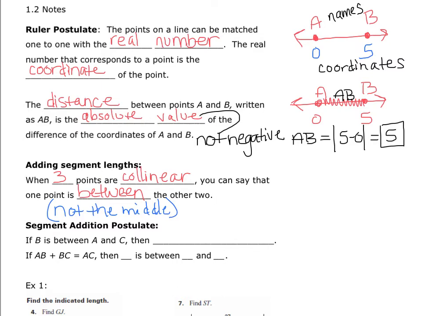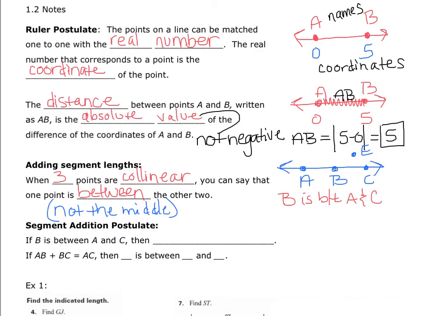So if we draw a line with some points, and we have another point over there, we could say that B is between A and C, because they're all on the same line and B is in between. We don't know if it's the middle or not.